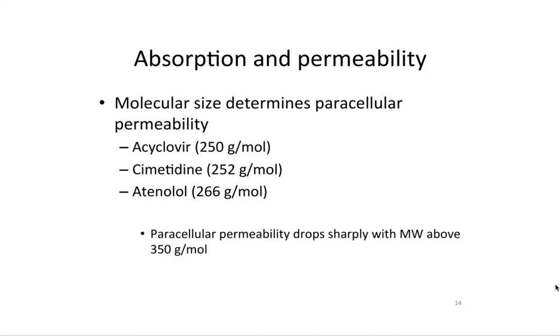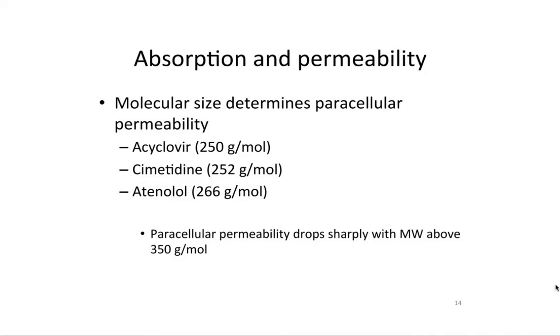Paracellular permeability in particular will drop off sharply with molecular weights above 350 grams per mole, a value at which compounds appear to approach the molecular dimension of the tight junctions between the intestinal cells.